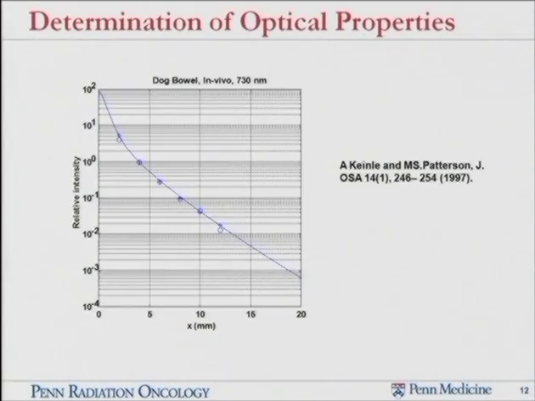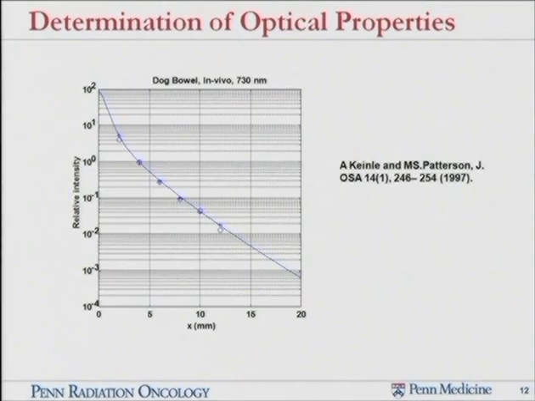So here is one example. You measure data at known distances from the light source. We are able to fit it to a semi-infinite model, which was pioneered at Brian Wilson's group and Mike Patterson's.